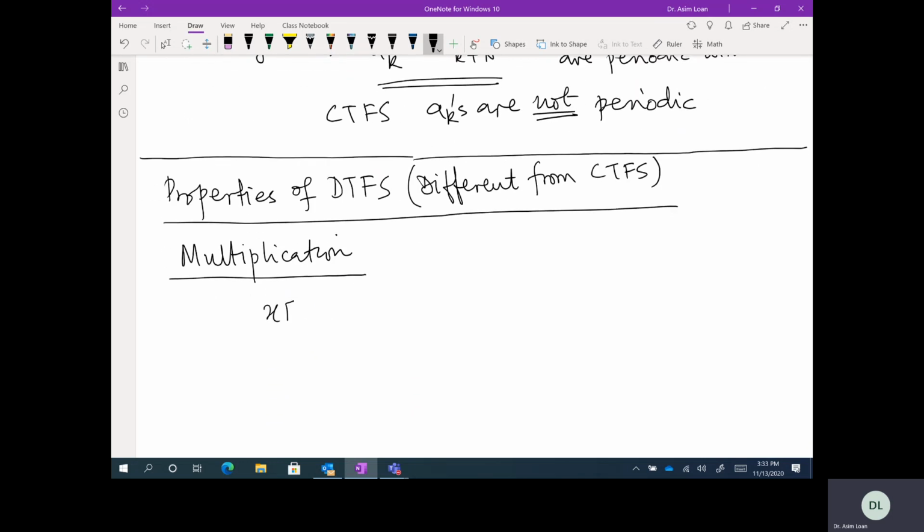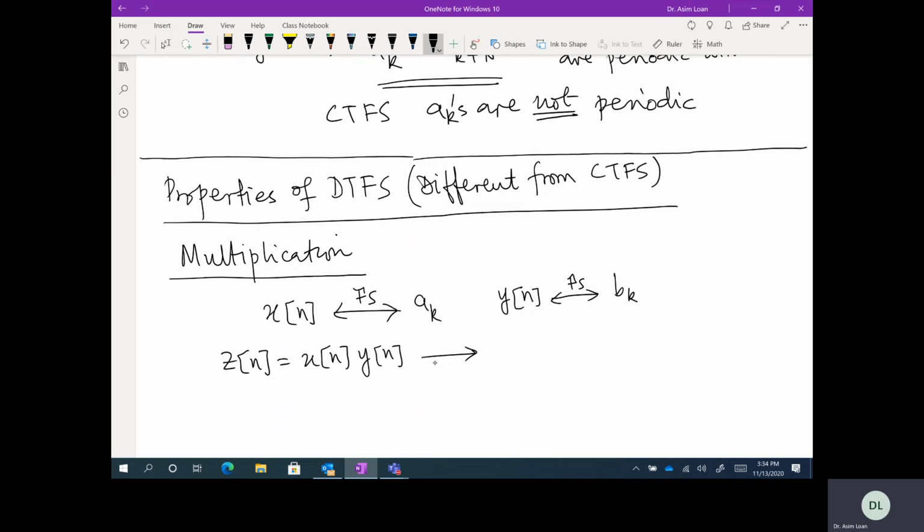If x[n] has Fourier series coefficients a_k, and y[n] has Fourier series coefficients b_k, then z[n], which is x[n] times y[n], has Fourier series coefficients c_k.